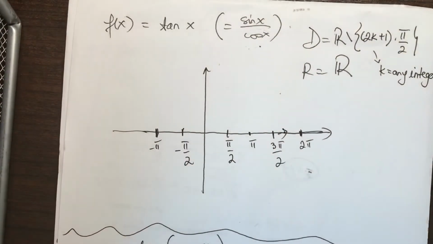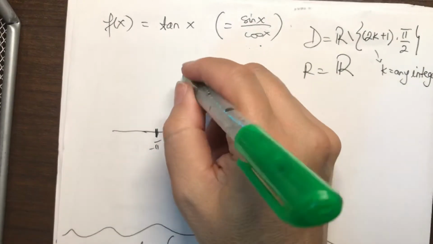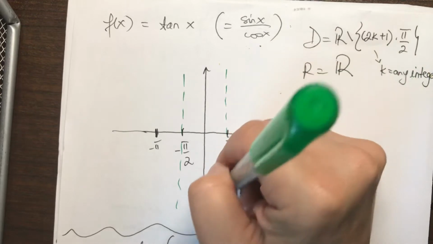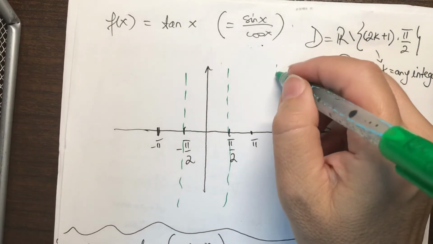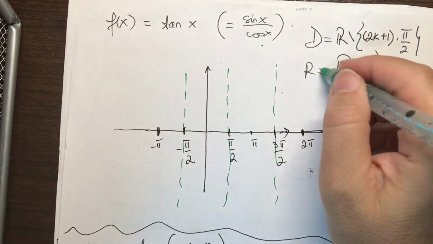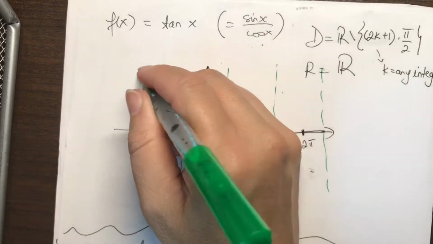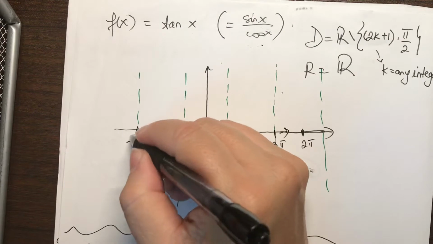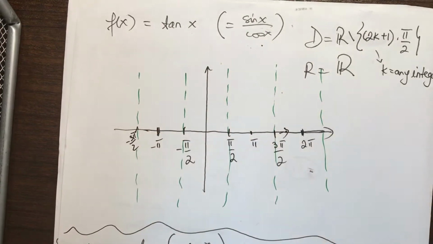So let me draw it. At negative pi over 2, the function's undefined. At 1 pi over 2, at 3 pi over 2, at 5 pi over 2, at negative 3 pi over 2, tangent's undefined.